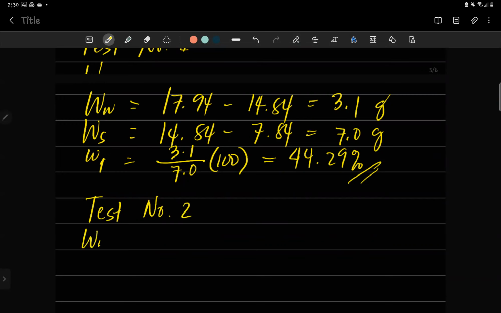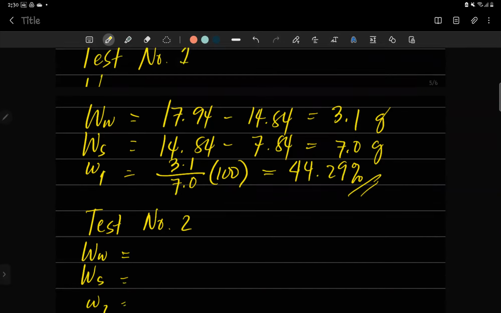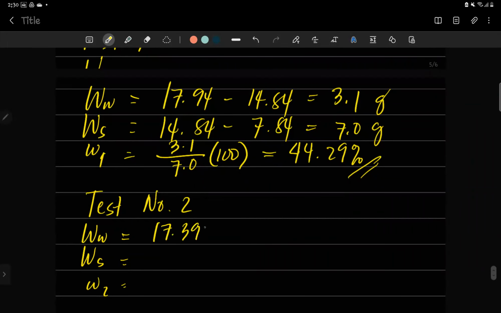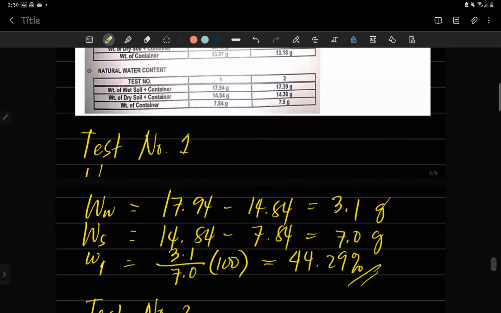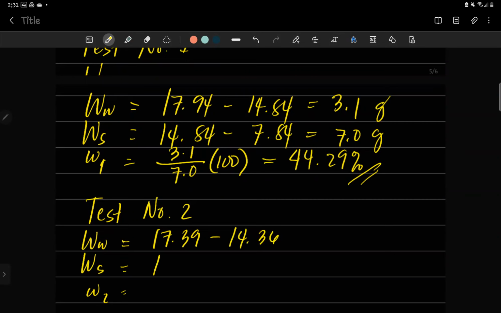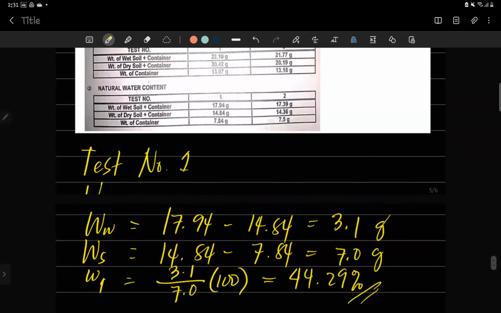For our test 2, we have the weight of water, dry soil, and the moisture content 2. The value here, we have 17.39 minus 14.36. Then we have 14.36 minus the weight of the container, that is 7.5.